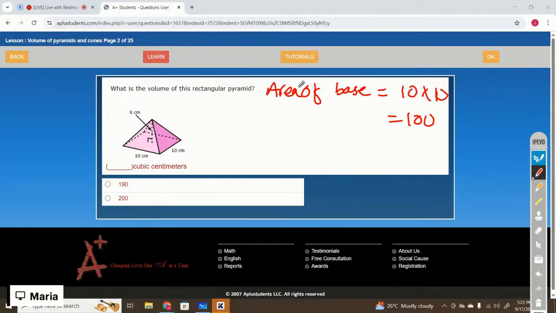Now we need to calculate the volume. The volume is 1 by 3 times the area of base times height.